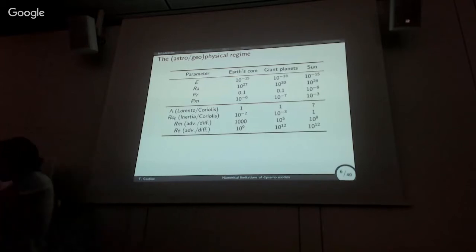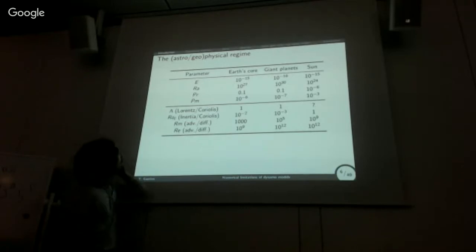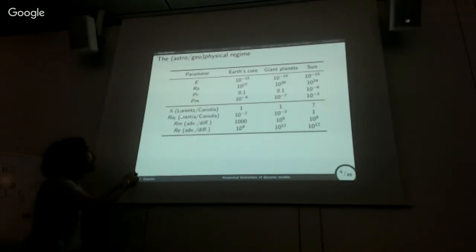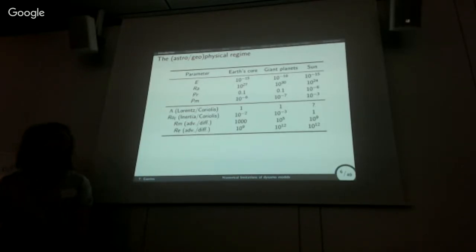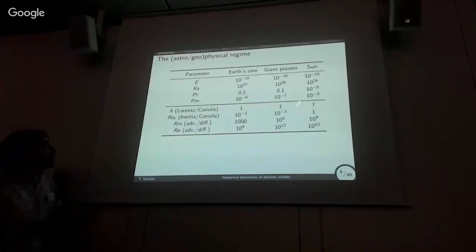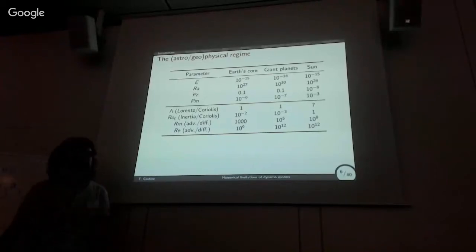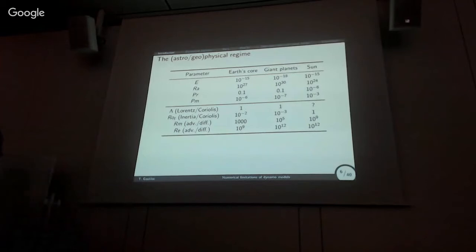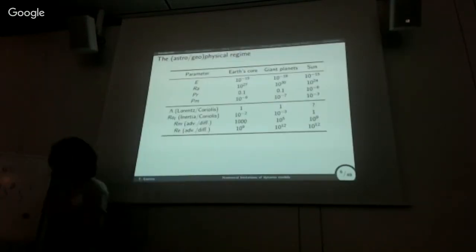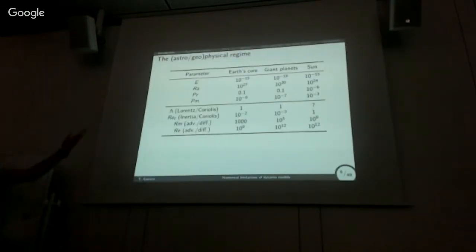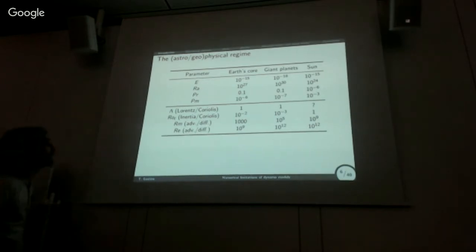You can also look at some other diagnostic quantities, like the Elsasser number, which quantifies the Lorentz over Coriolis force ratio, which is of order unity for Earth and giant planets. It's a bit tricky to evaluate for the sun, simply because you have a large range of length scales and amplitudes in the sun. So it's very hard to give a value, and probably Jörn would be more appropriate to give you some estimate of what value I should put behind the question mark here.